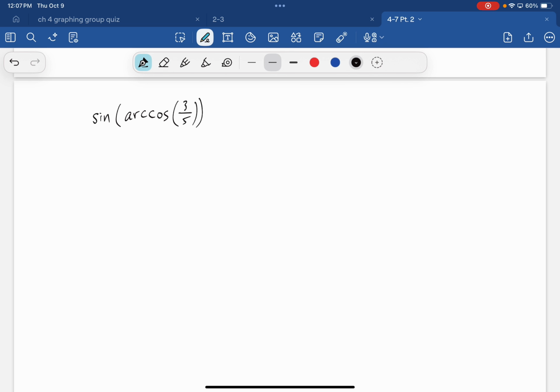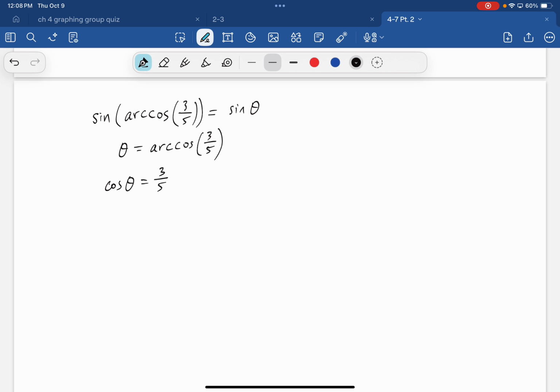These are actually very easy, don't worry. The best way to think about it is by writing an intermediate variable, theta, and setting that equal to arc cosine of 3/5. In the end, all we're looking for is sine theta. But if this is true, that simply means that cosine theta equals 3/5.